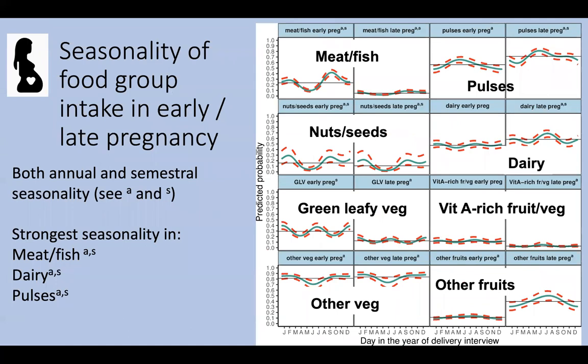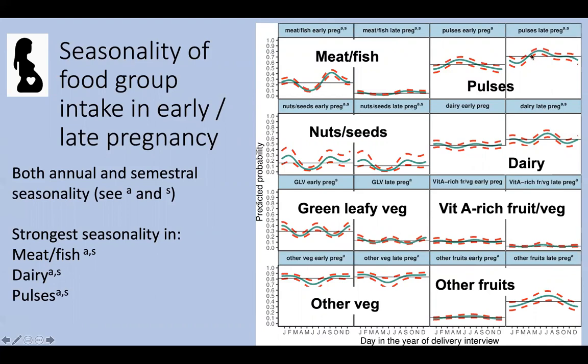As far as food group intake is concerned, you can see that the general levels of consumption, the probability of consuming the different food groups, differ by food group, but we see the strongest seasonal effects in meat and fish, in dairy and pulses, and in green leafy vegetables. And we can see that the peaks and troughs differ by food group.